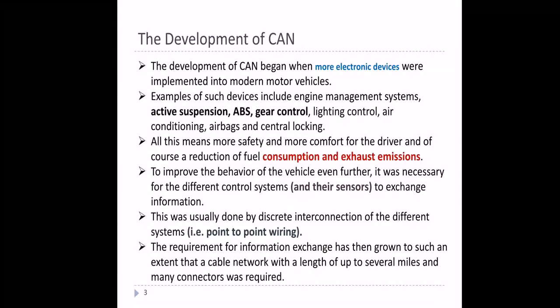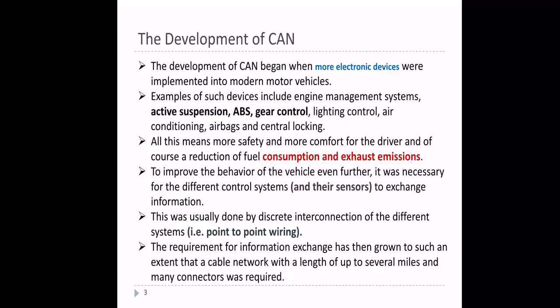The development of CAN began as more electronic devices were implemented in modern motor vehicles. Advanced vehicles used the CAN protocol, but nowadays even mid-variant vehicles have started to use it. Examples of such devices include engine management systems, active suspension, ABS, ESP, gear control, lighting control, ACs, airbags, and central locking system.